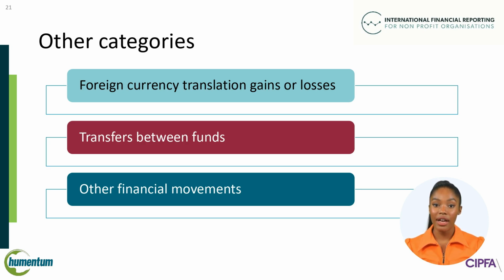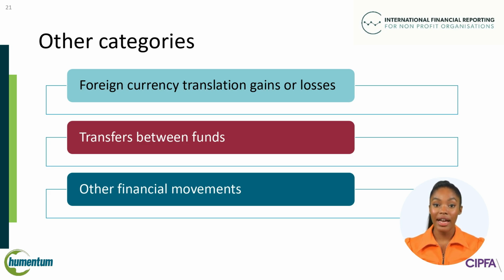For example, a donor might give permission for unspent funds to be transferred to another project or to funds without restrictions. The NPO's main accounts include a statement of changes in net assets and a note called Movement in Funds. Any relevant transfers between funds reflected in those statements or notes must also be reflected in the supplementary statement.